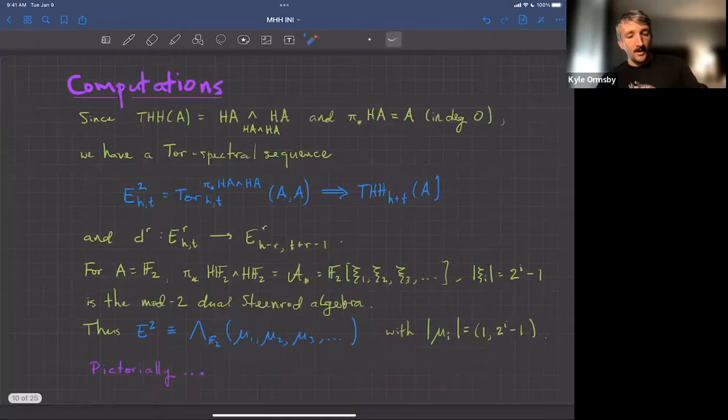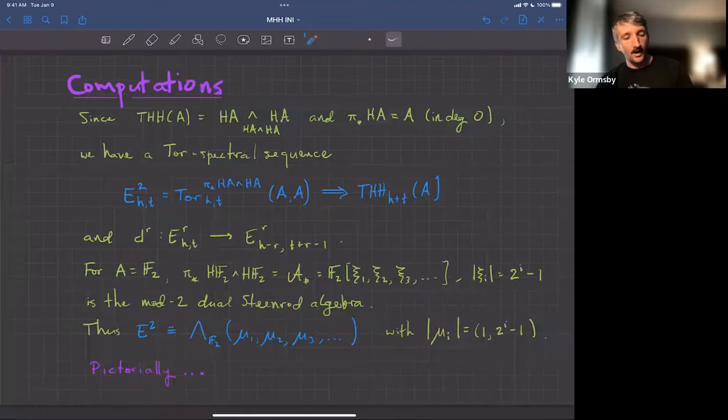And it's also computable. Early work of Hochschild in the subject, despite having technical hurdles, he didn't have a nice category of spectra to work in. He was still able, in terms of the tools available at the time, to compute THH, and using that this is a smash product of HA with itself, we know that we have a Tor spectral sequence that computes the homotopy groups of the smash product.